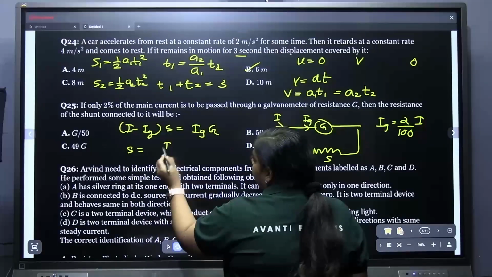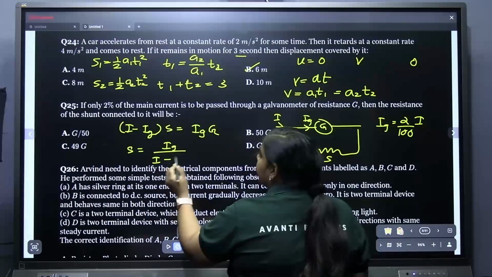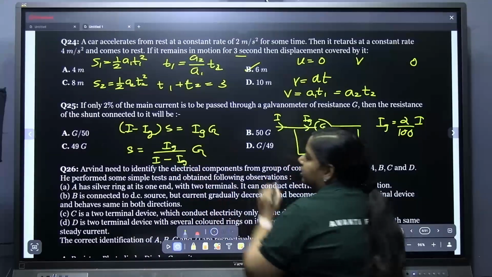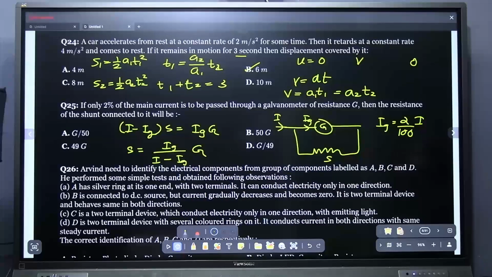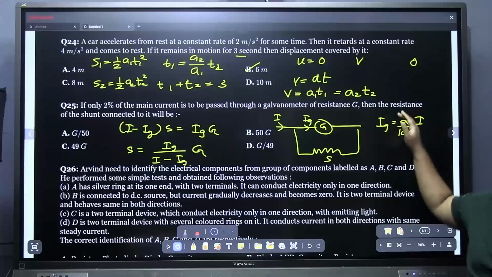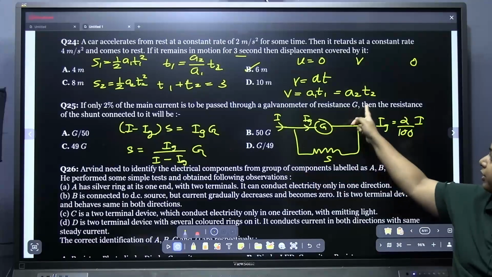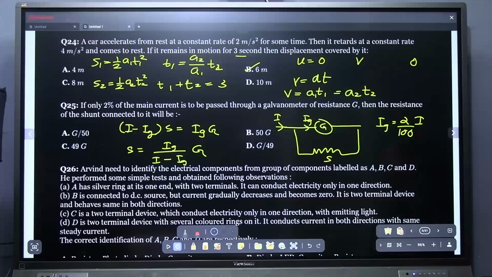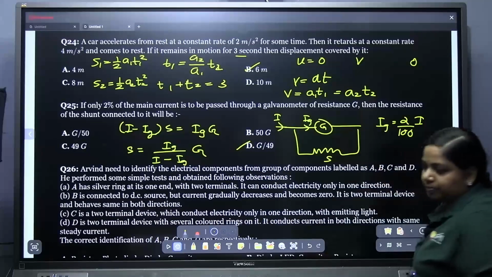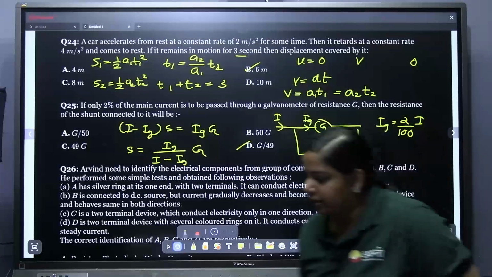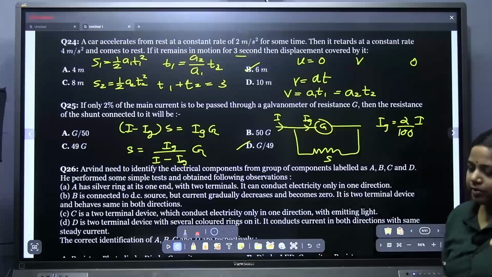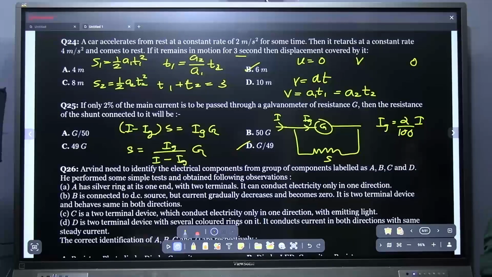S equal to Ig divided by (I minus Ig) into G. Substitute Ig equal to this value, and you will get the answer in terms of G only. Question 25, option D will be the answer. Very good. I hope there is no doubt in this one.